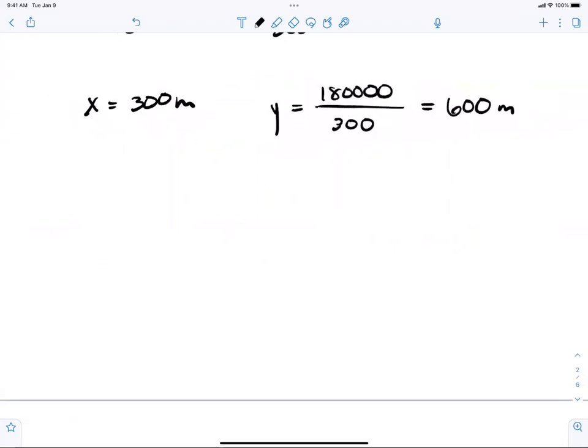Okay, so we first need to make our sentence summarizing our answer.